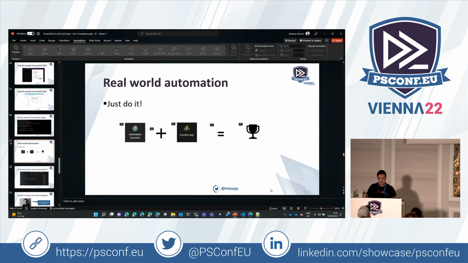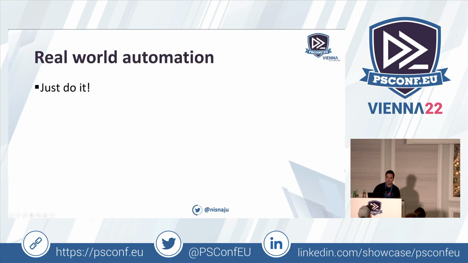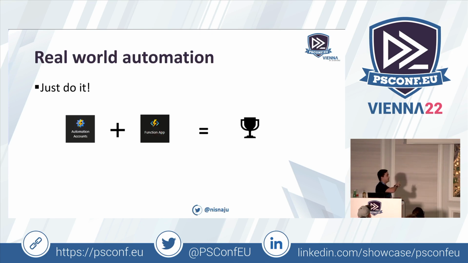Yeah, and the nearly last thing, in my session description I wrote something about Azure Automation and Azure Functions. Just one sentence: do it. This is easy, because each of these scripts you can nearly take as they are, put them into Azure Automation and run them there.